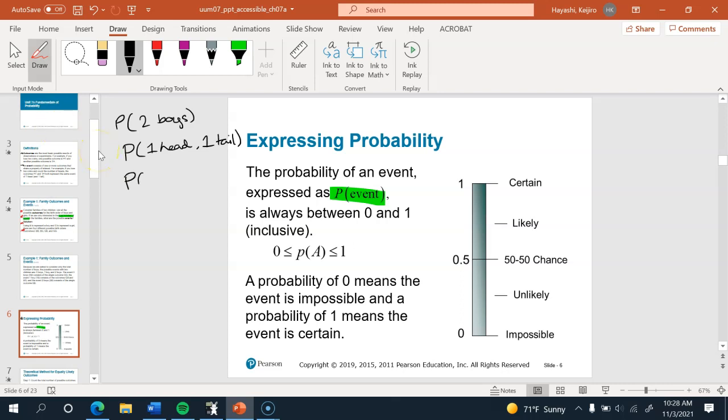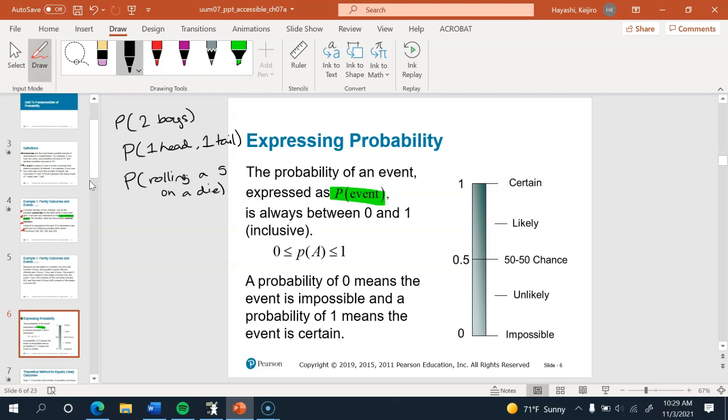So it's going to be written like this. Let's see, rolling a 5 on a die. So it's almost like function notation, just with a p instead of an f.